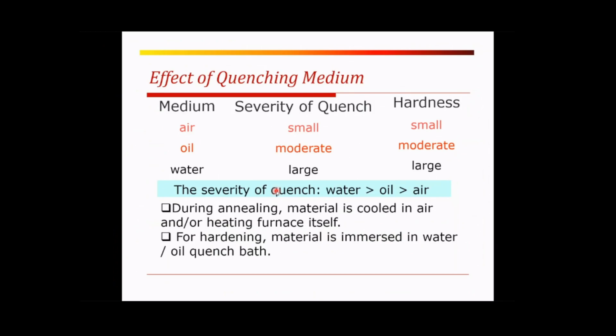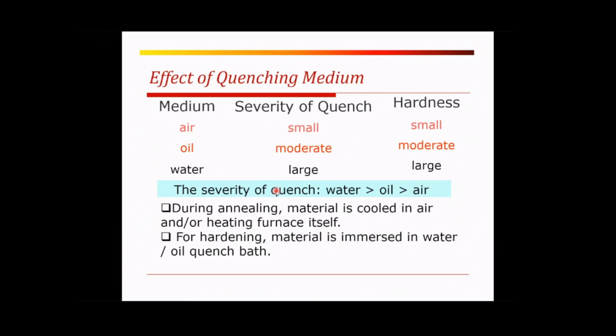During annealing, the material is cooled in air or in the heating furnace itself. Keep in mind the very important point that in the annealing process, we cool the material by air cooling only, or before air cooling, the metal is kept inside the furnace and cooling is done in the furnace itself.